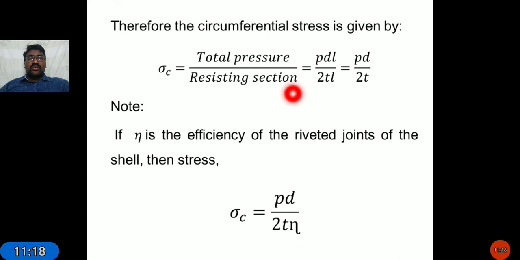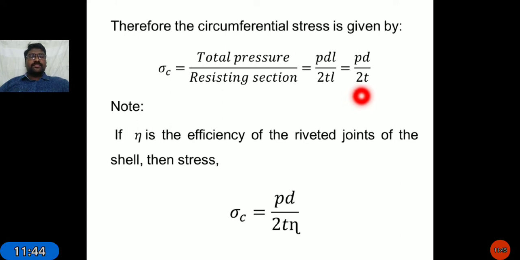Generally we know that the formula for stress is load by resisting area. Here the load is the applied force, that is P D into L, divided by the resisting area 2T L. By simplifying this equation we get the formula: sigma c equals P D by 2T.